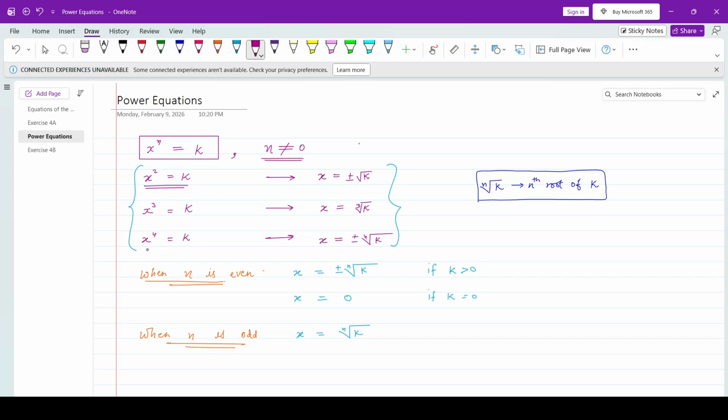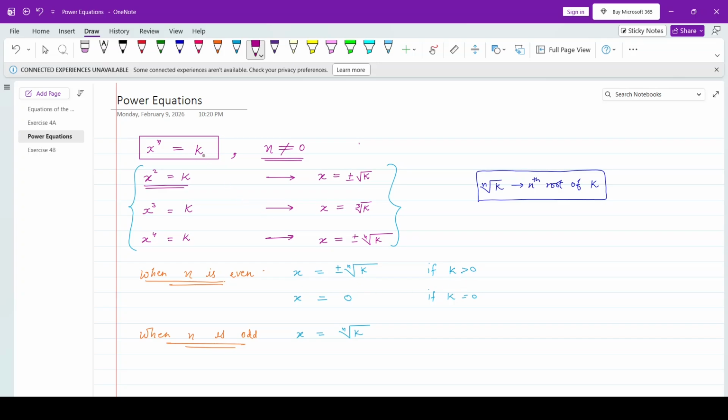In case when we take n is equal to 4, x raised to the power 4 is equal to k, and x becomes positive or negative the fourth root of k. So from here we can deduce that when n is even, x is equal to positive or negative nth root of k if k is greater than 0.